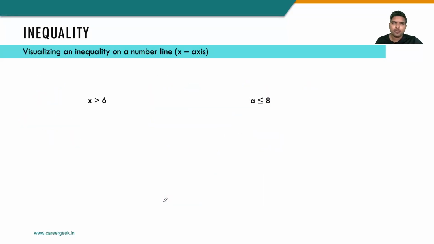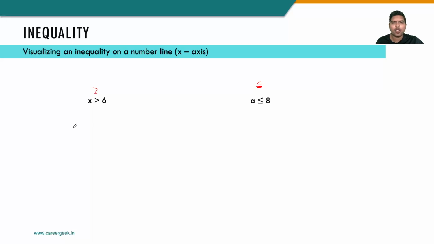Now, visualizing an inequality on a number line, or x-axis. There is a difference between these signs: greater than, less than, and an equal to sign.